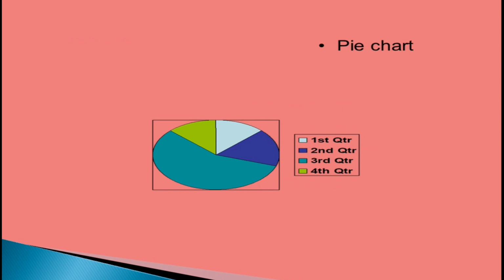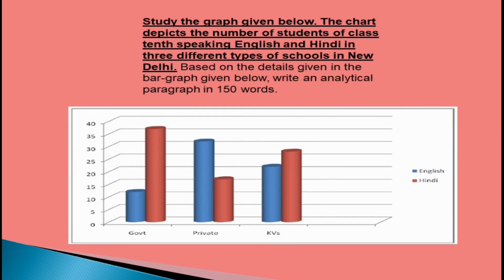Now my dear students, I have prepared 2 examples for you, as you can see on the screen. First one is, study the graph given below. The chart depicts the number of students of class 10th speaking English and Hindi in 3 different types of schools in New Delhi.